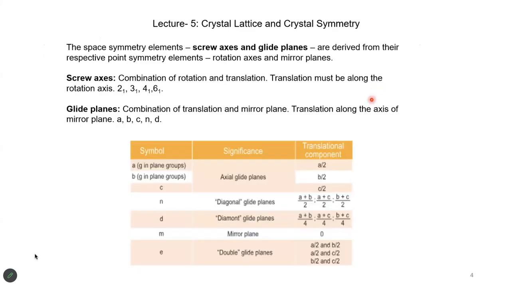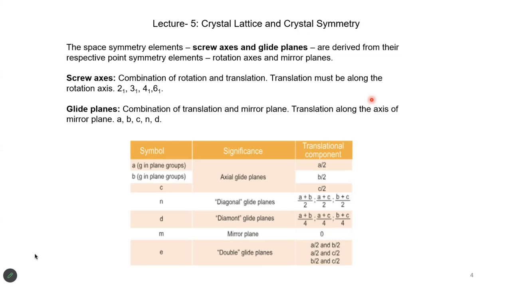Now, we have been talking already about point groups and point symmetry elements, and derived various point groups. In projection we also showed, taking some molecules, how we can derive the point group, in the last lecture, the 4th lecture.